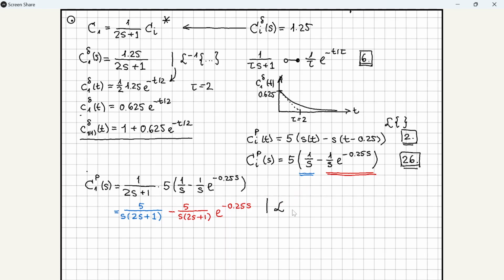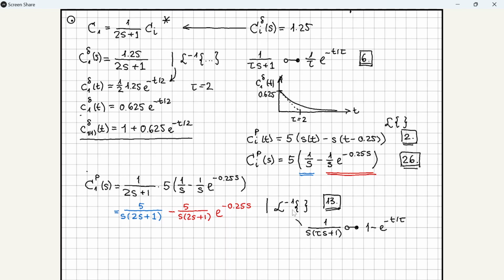Now I want to know C1 of P of t. So I take the inverse Laplace transform, and I need a new rule, and that is rule number 13. And 13 says, if I have a signal that looks as follows, 1 over s times tau s plus 1, it corresponds in the time domain to 1 minus e to the minus t divided by tau.